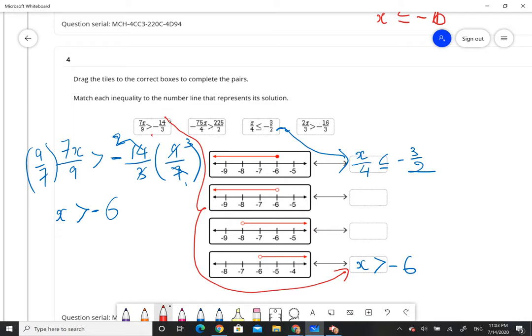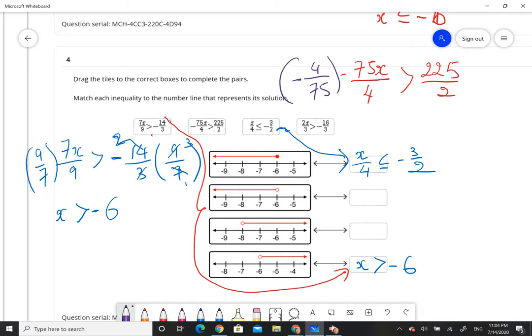You have negative 75 x divided by 4 greater than 225 divided by 2. Again, to solve for x, you need to multiply by the reciprocal of negative 75/4, which is negative 4/75, and we do the same thing with the right side.